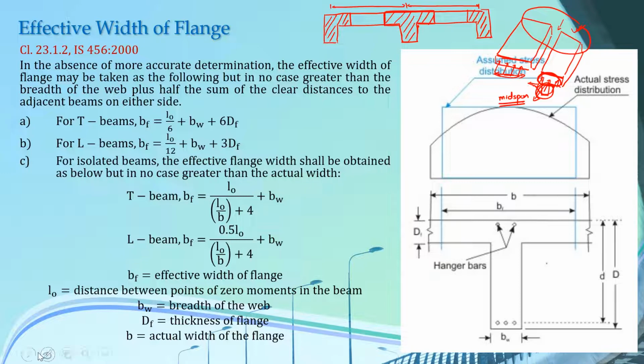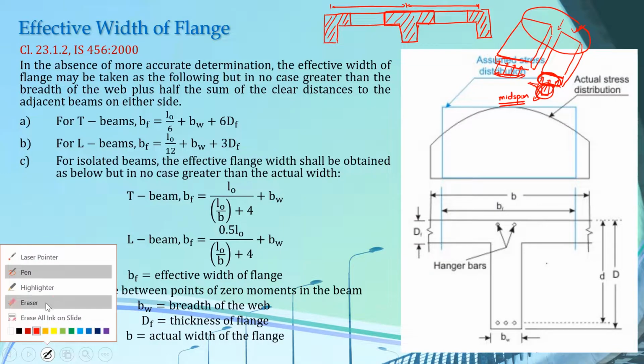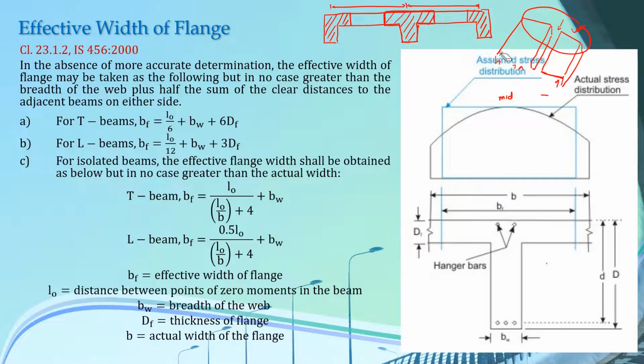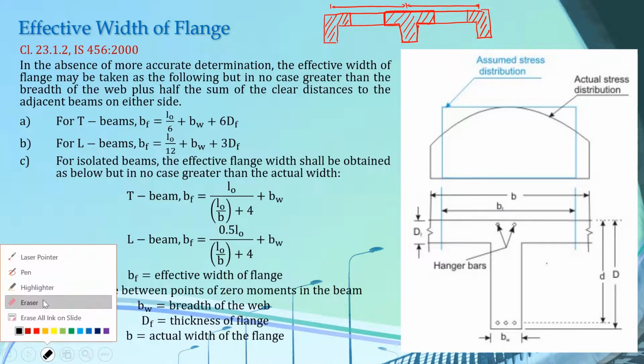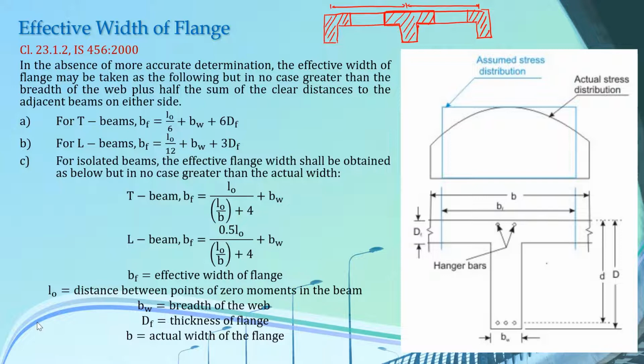So let me erase this and let me come to the diagram that we have here. So you can see that this diagram in black line represents the actual stress distribution. These are the longitudinal compressive stresses, and these stresses are higher nearer to the web of the beam as compared to the farther edges.